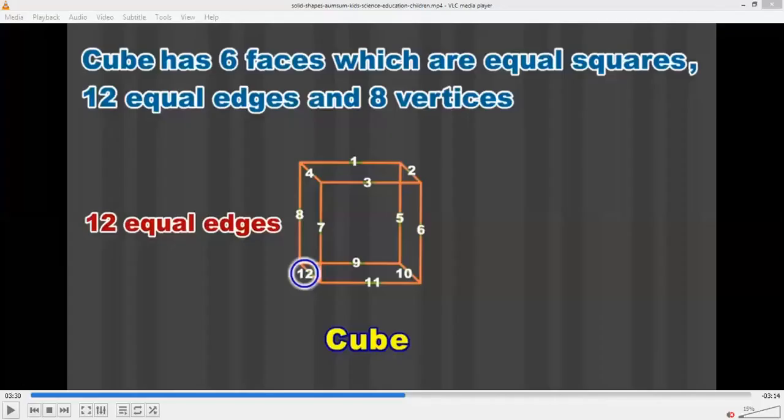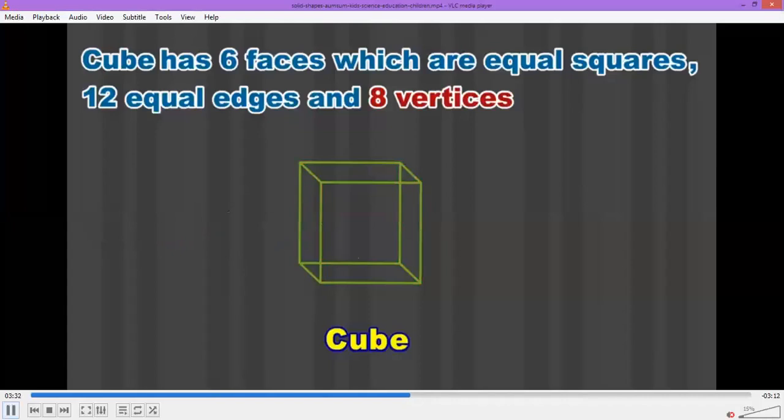So you will also check the vertices. There are 8 vertices in the cube. Look, 1, 2, 3, 4, 5, 6, 7, and 8. So there are 8 vertices in a cube.